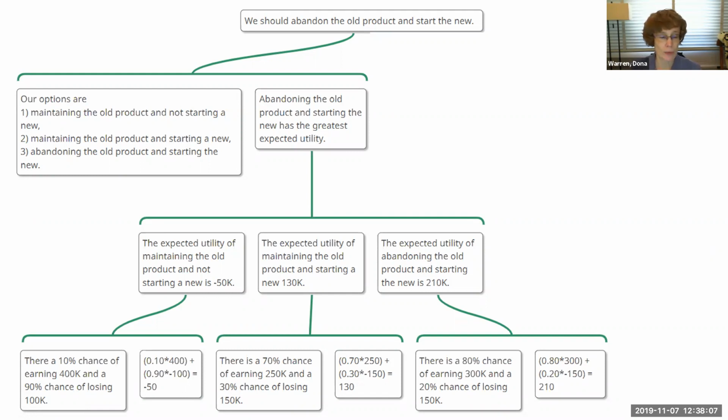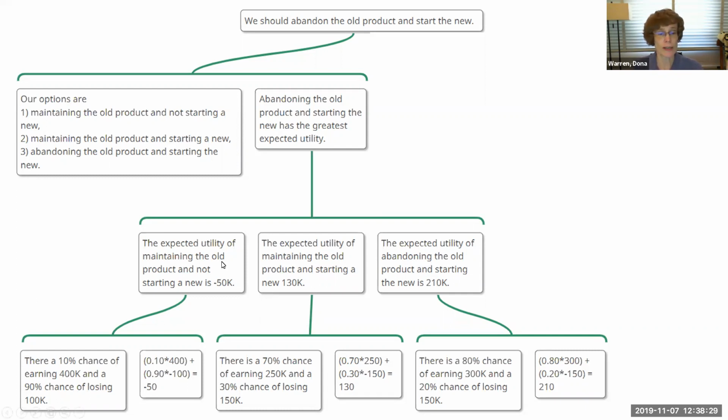So we have 10% times 400 plus 90% times negative 100, and the expected utility there is minus 50. So we can expect that if that was the process that we continued over time, just doing what we've done before, we can expect to lose on average 50 grand a year.